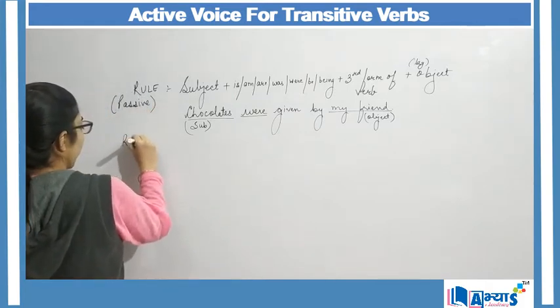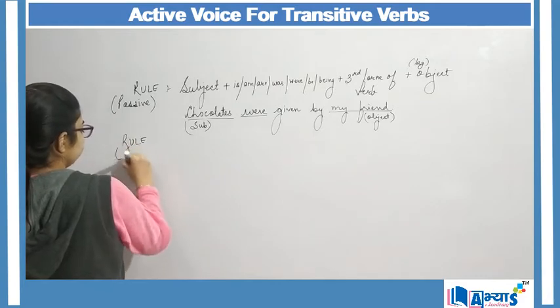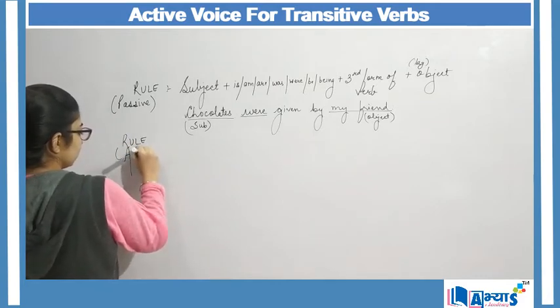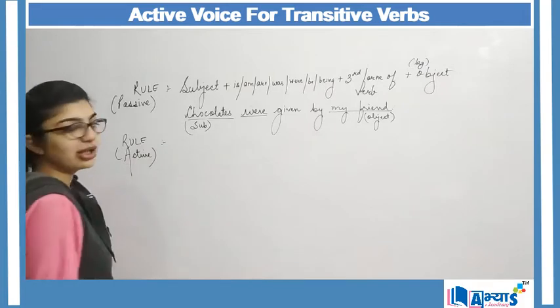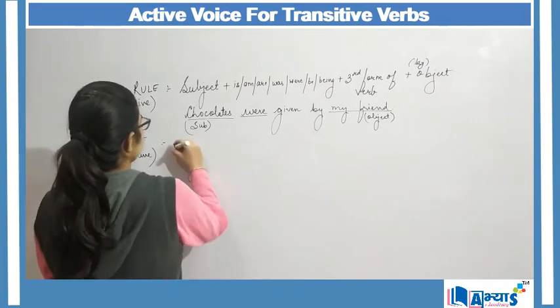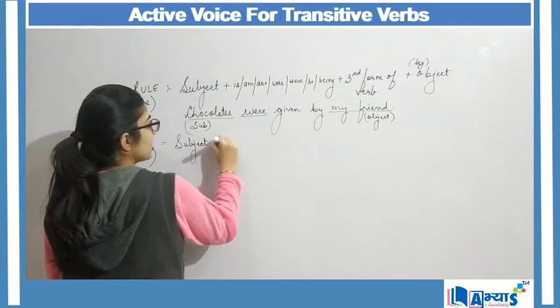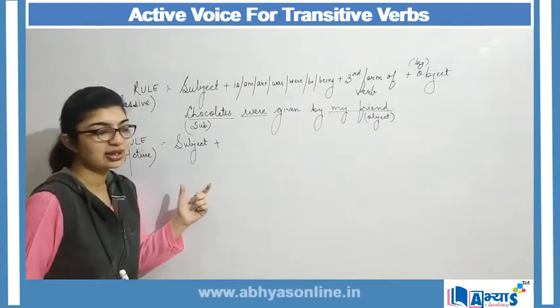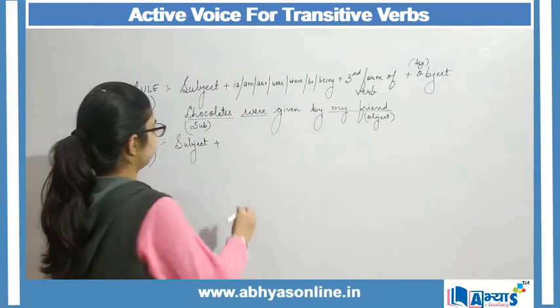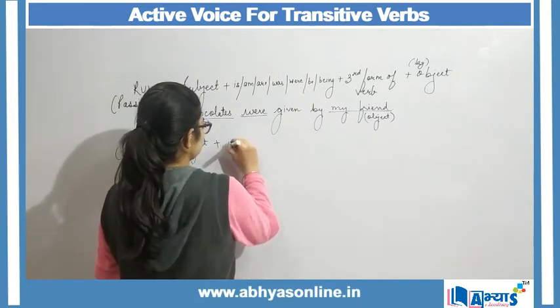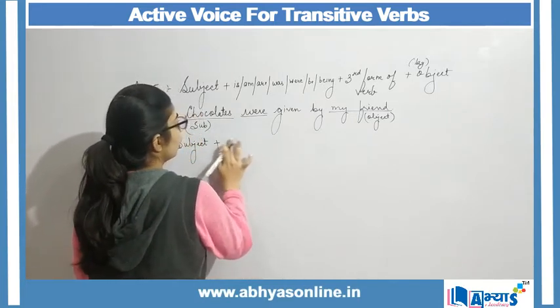So rule for active voice is, again, a sentence will always begin with a subject. So I will say subject plus is, am, are is not used.